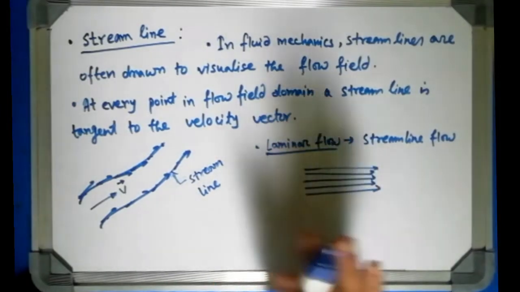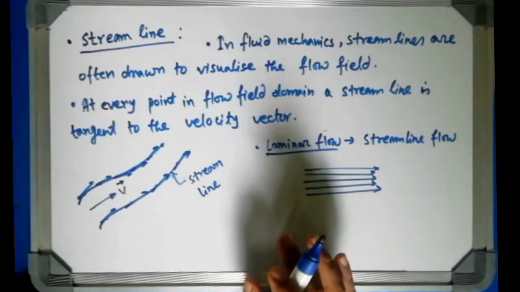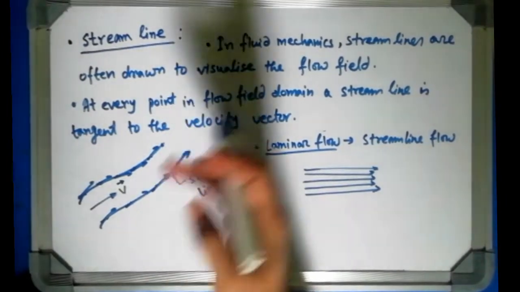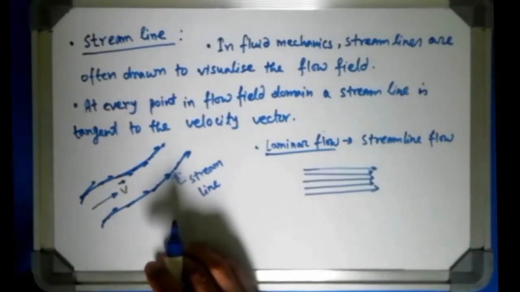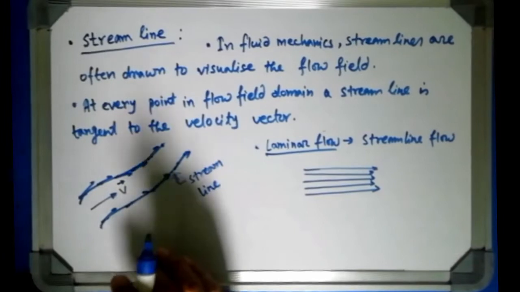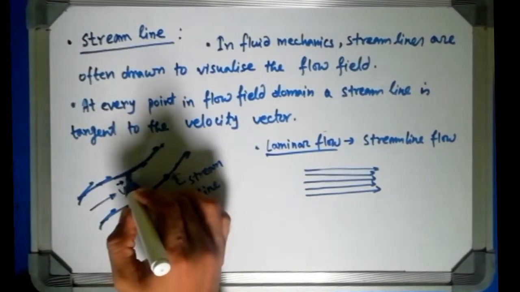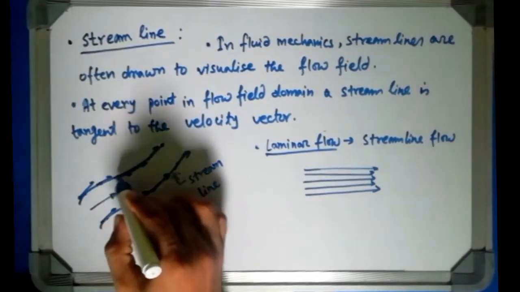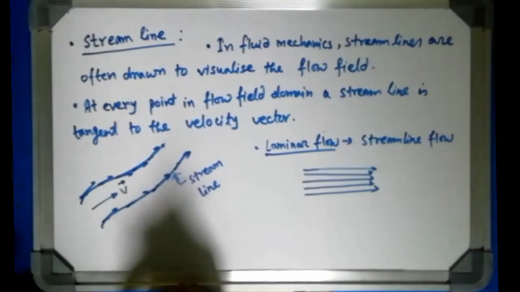So streamline as a whole, we understood that it is used for expressing the behavior of the flow field, and it can be drawn if we join every point where we are drawing the tangent. Then we can get the streamlines.